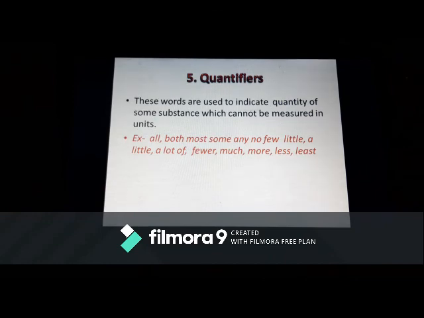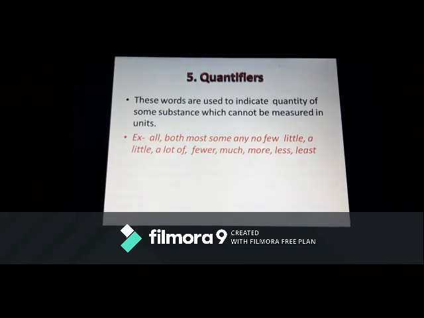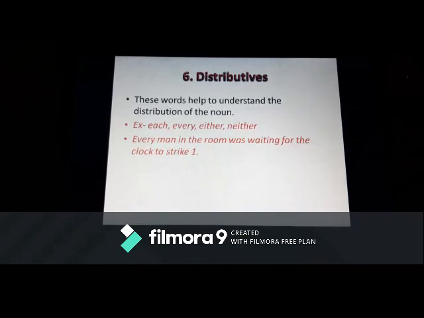You cannot show an exact number of things. Where we can show the exact number of things, that is called numerals. Quantifiers are the words where we do not mention or do not have the criteria of measuring things. For example, all, both, most, some, any, few, little, etc.